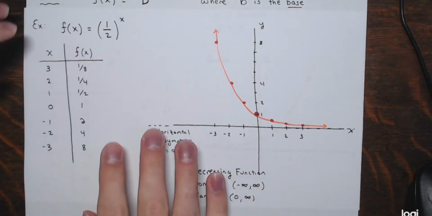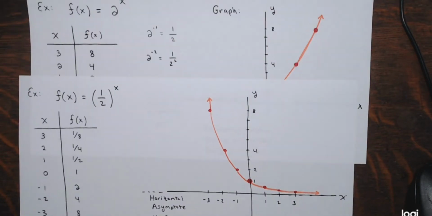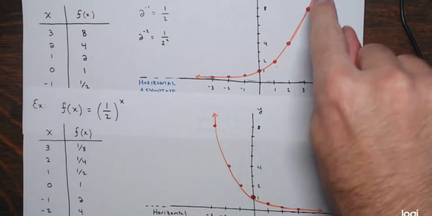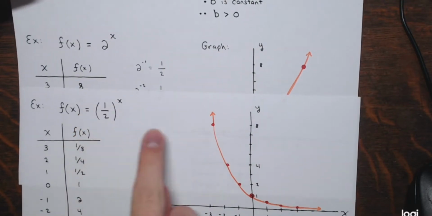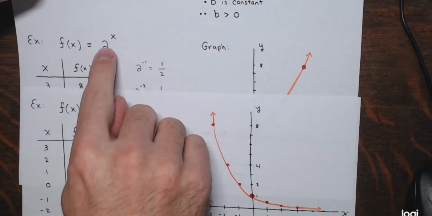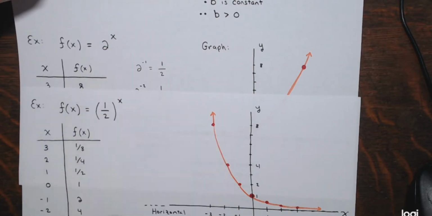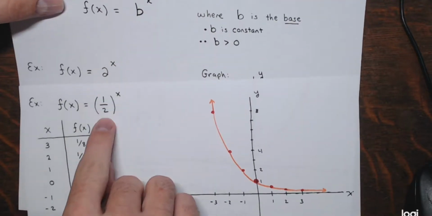All right, so what we have here, these two examples: 2 to the x, an increasing exponential function, and 1/2 to the x, a decreasing exponential function. That's the way any b to the x goes when the base is bigger than 1 or when the base is less than 1.